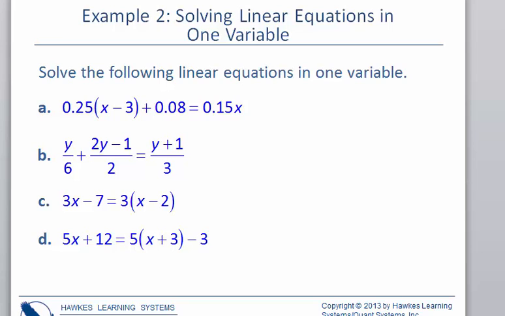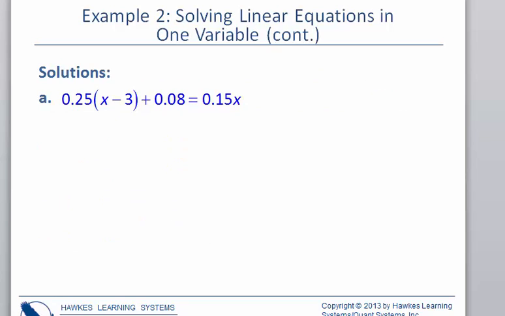And so I'm going to begin in much the same way that we did the other problem, in that I'm going to distribute this 0.25 throughout that parenthesis. So 0.25 times x is going to be 0.25x. 0.25 times 3 is going to be 0.75.